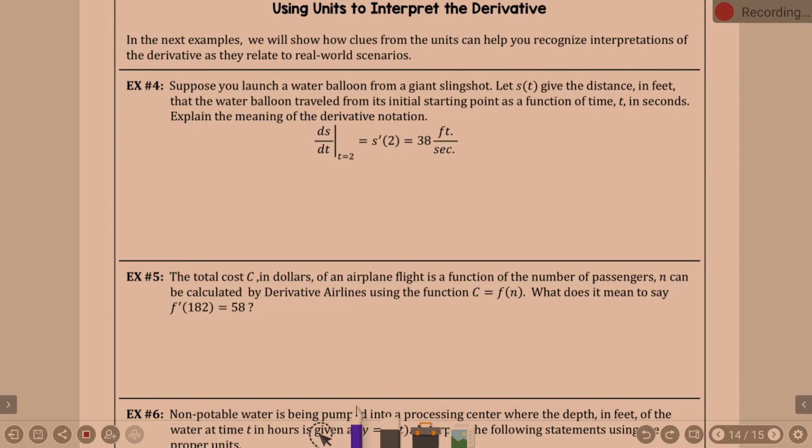Now, they said S of t is distance, yes? That's how they defined it. Now, distance, in terms of physics, is also another way to talk about the position.